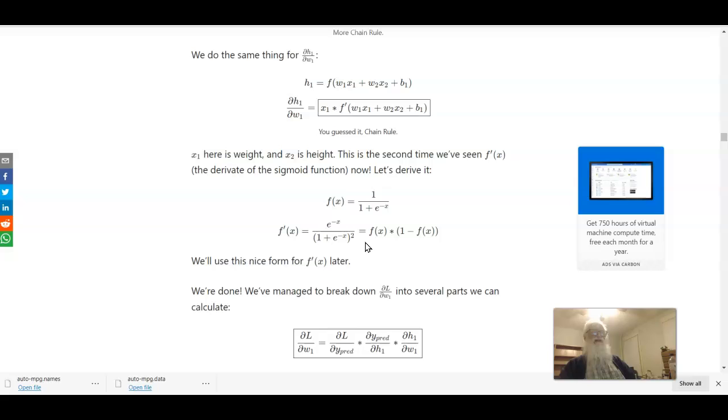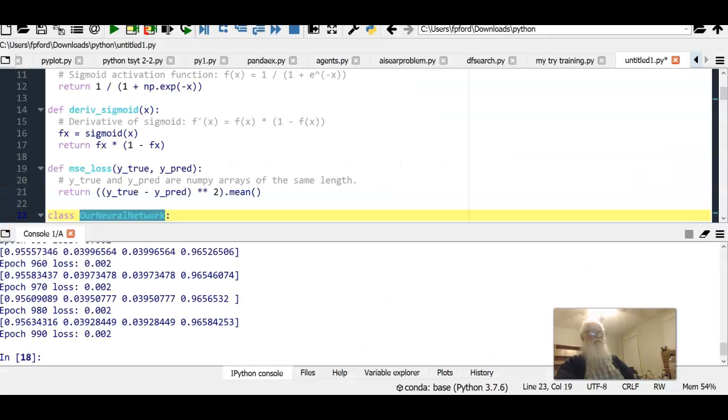What works really nicely for our sake is that this website has a complete program to solve this problem. So I put it in my Python and I ran it. And these are the answers I got.